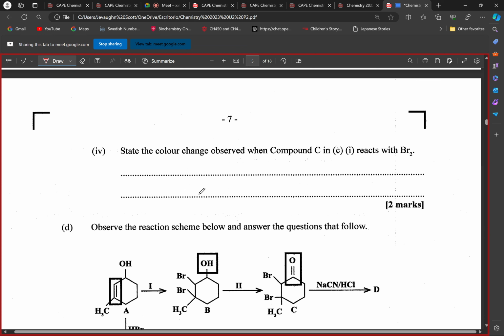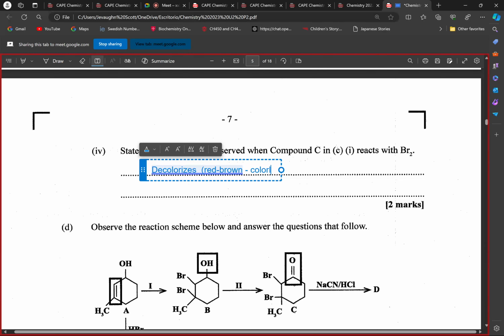Decolorizes, right? So it will turn from the red brown to colorless.